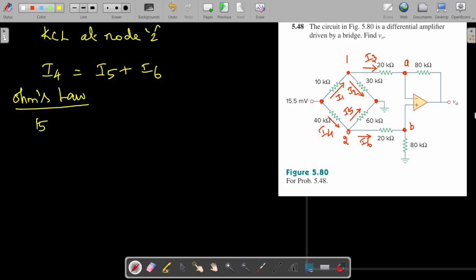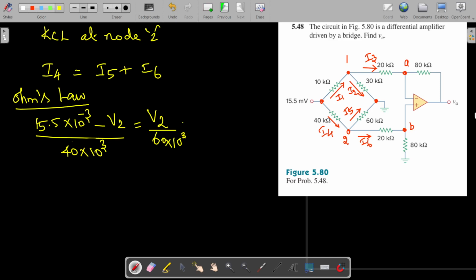So it is 15.5 into 10 power minus 3, that is millivolts, minus this V2 potential divided by 40 kilo ohm, equal to I5. I5 is V2 minus the ground potential, 0, divided by 60 kilo ohm. I6 is V2 minus VB divided by 20 kilo ohm.